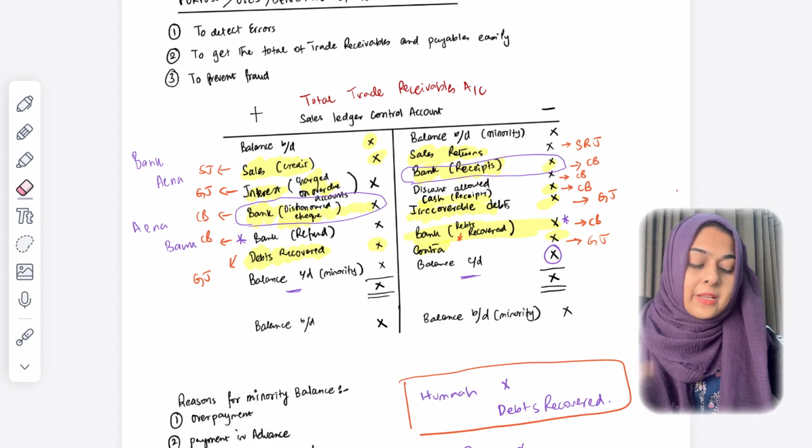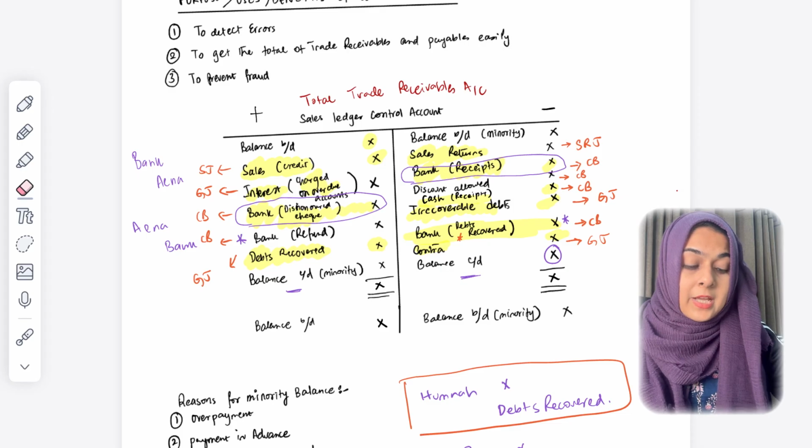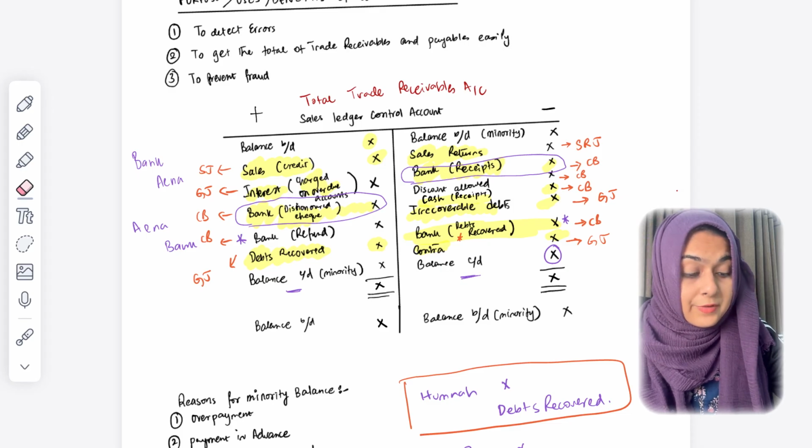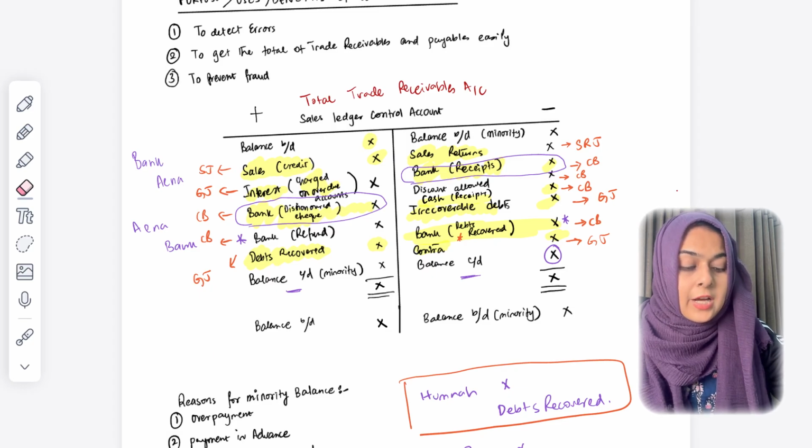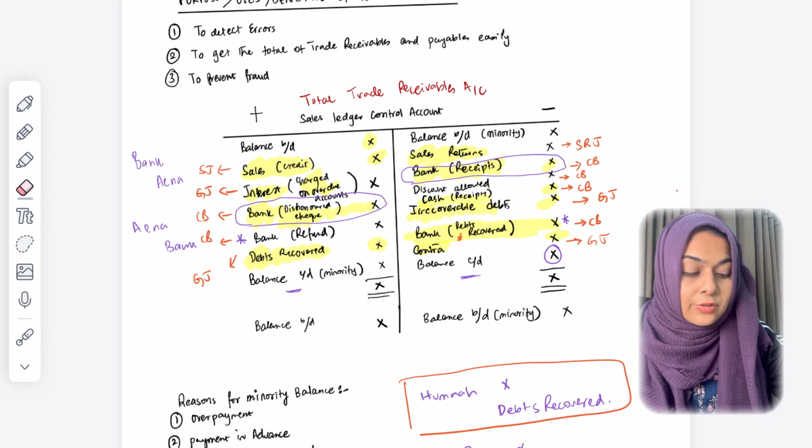Bank receipts, money coming into the bank from our customers, is coming from the cash book because obviously that's recorded in the cash book. And discount allowed, we have a discount allowed column in the cash book. Cash receipts will also come from the cash book because when our customers pay us in cash, that's recorded on the debit side of the cash book.